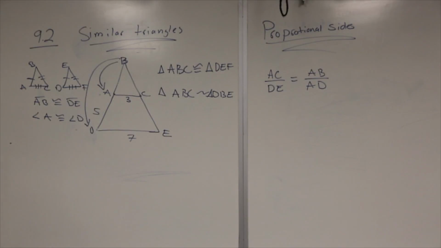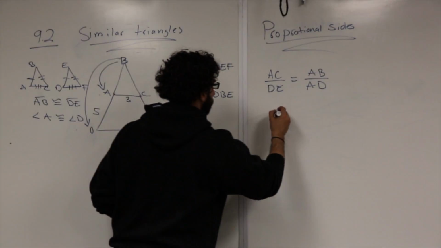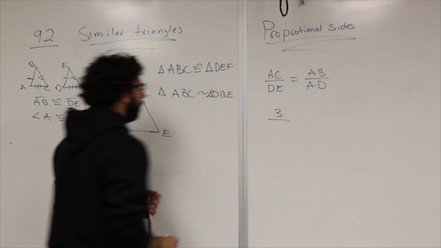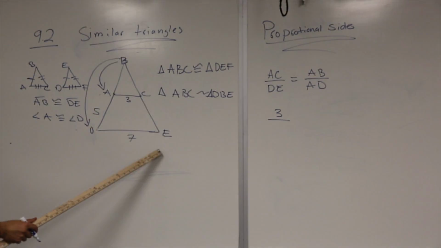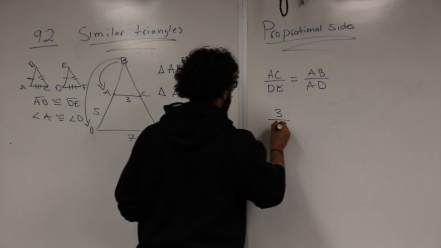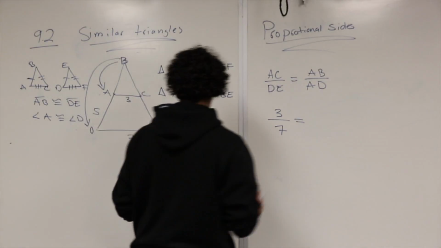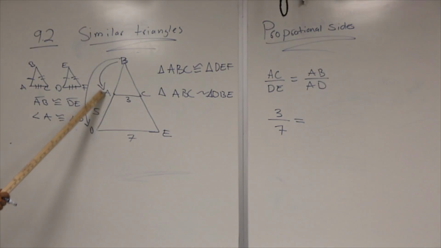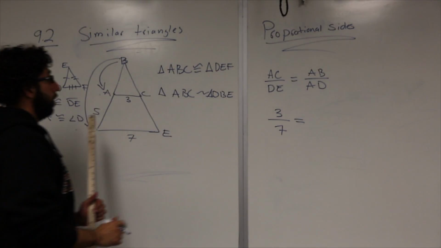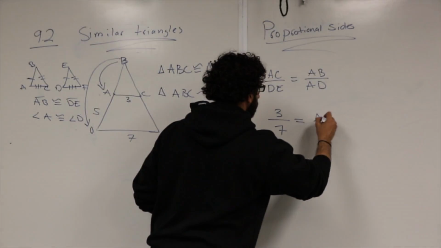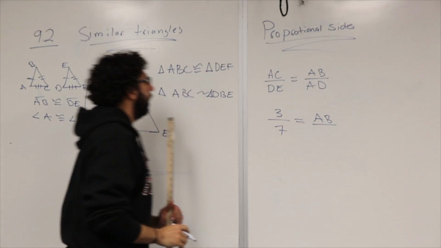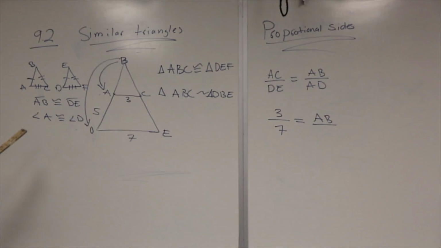So AC is equal to 3. DE is equal to 7. AB is equal to, we don't know yet. It does not have a numeric value assigned to it.